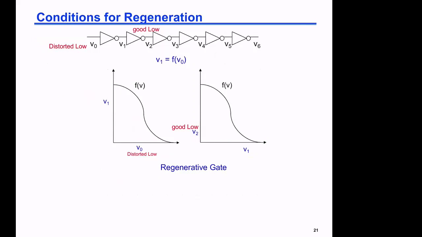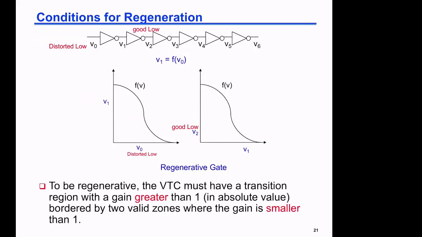They typically come from the properties of this curve. Okay. And the properties of this curve, the voltage transfer characteristics, are as follows. We have to have a gain that is greater than 1 in the middle region, and it is bordered by two valid zones where the gain is smaller than 1.